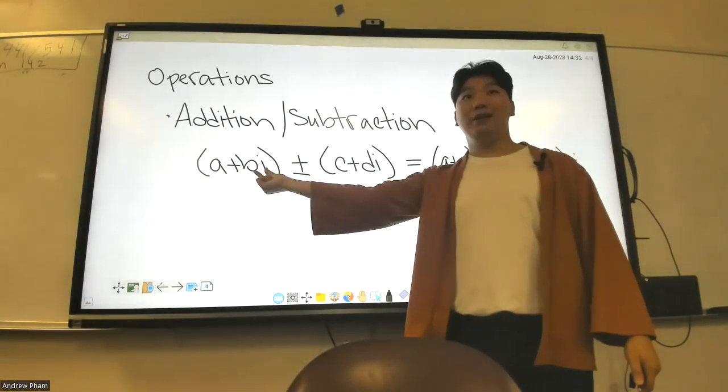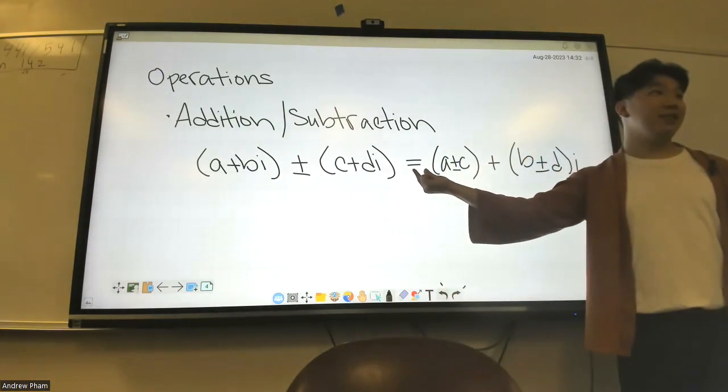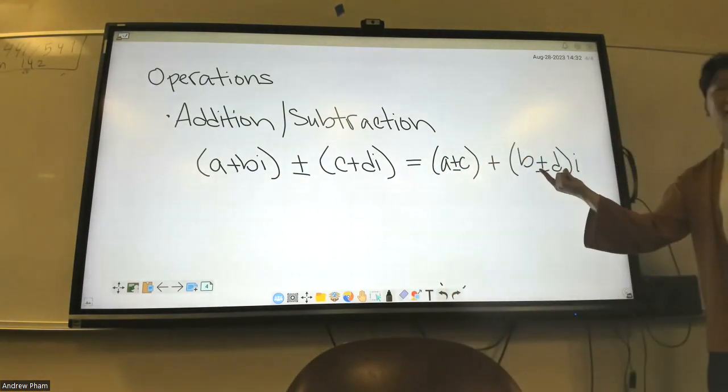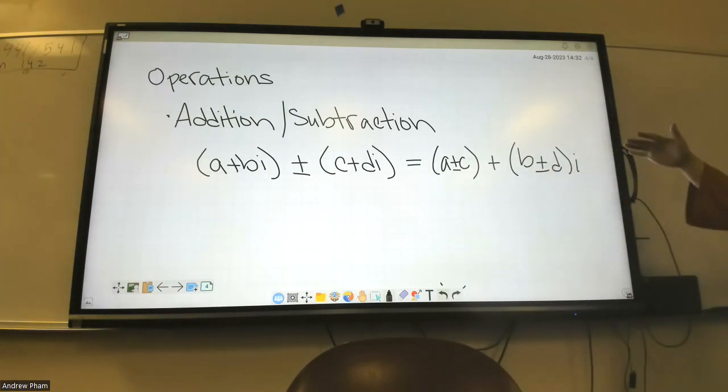The imaginary part plus the other imaginary part. That's why we have b plus or minus d here. So again, this is looking a lot more complicated than it actually is, but we just need it for formality and writing out all the theory. So we have our first operation, addition and/or subtraction. Obviously, if it's minus in the middle, then it should be minus on the right side also.